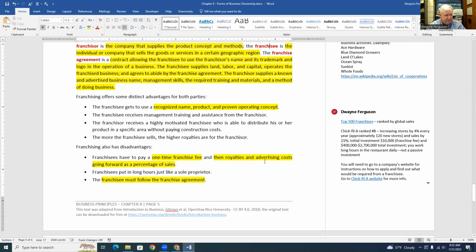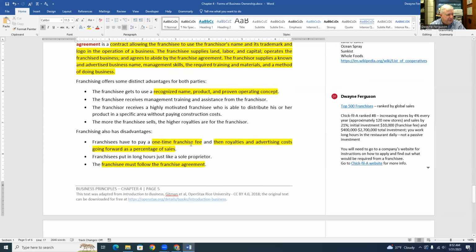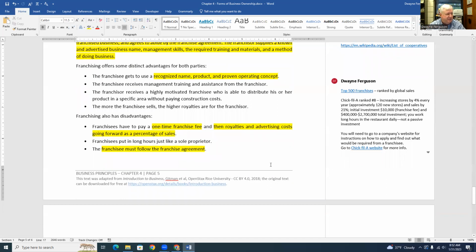Sometimes there's an advertising fee, where all these little franchisees are paying in, and all that money is used to do national advertising during the Super Bowl or something. So that's always a disadvantage. You have to pay a one-time franchise fee and then royalties. You've got to follow the agreement. You can't just take off and do stuff on your own. You have to use their advertising, their promotions, all kinds of stuff like that.